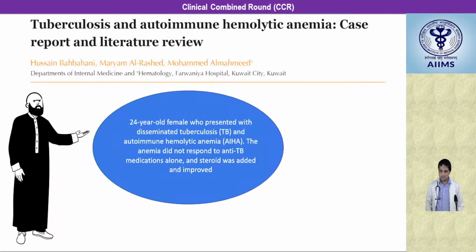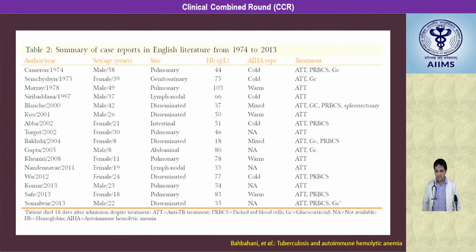The second example is from Kuwait, a 24-year-old female who presented with disseminated TB with hemolytic anemia. They initially started only ATT, but the patient didn't improve, so they added steroid and the patient improved. They also did a literature review from 1974 to 2013 and reported 16 cases.